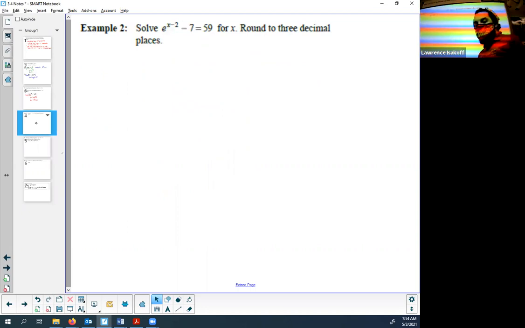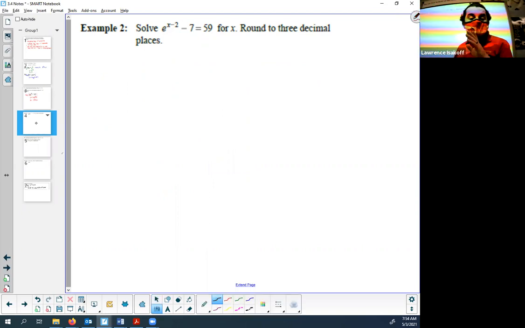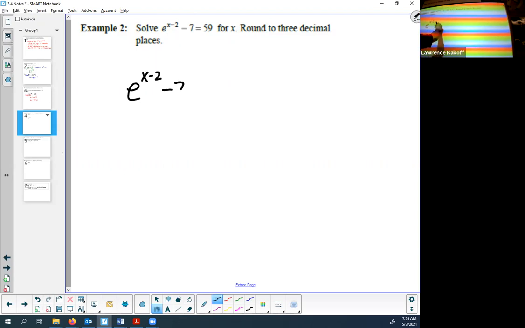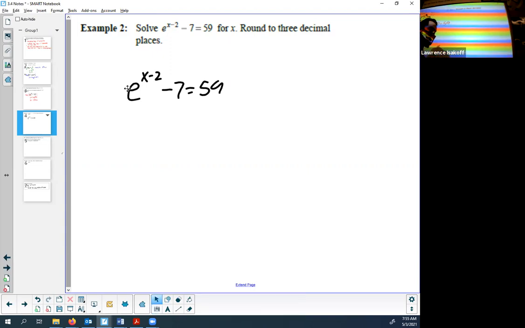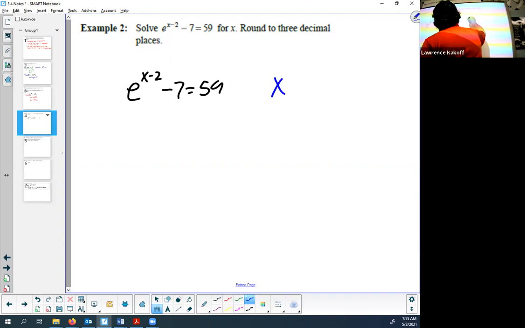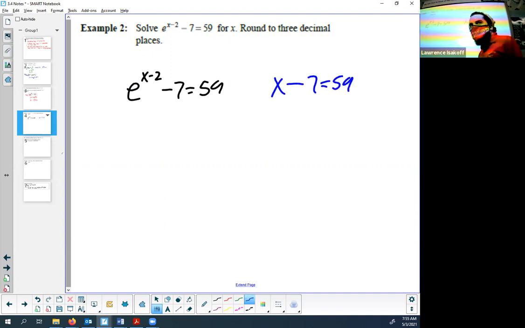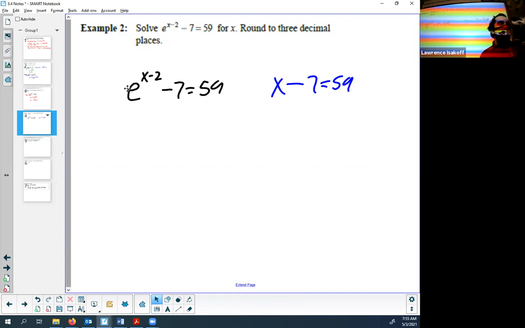Now, example 2 is a little more complex looking, but my goal here is I want to isolate the e by itself, and then we'll go from there. So here with this, if I had a simple problem that just said x minus 7 equals 59, what would my first step be here?